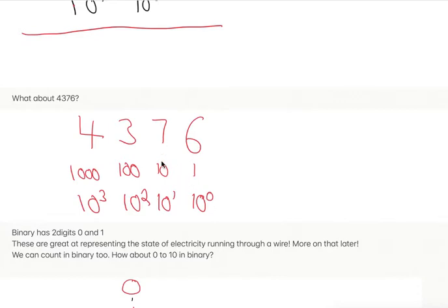We have 7 tens because the second column is the tens column, 7 times 10, 70, or the 10 to the first column. We have 3 hundreds because the third column from the right is your 10 squared column. That means the value here represents hundreds. And then we have 4 thousands because that's 10 to the third or the thousands column.